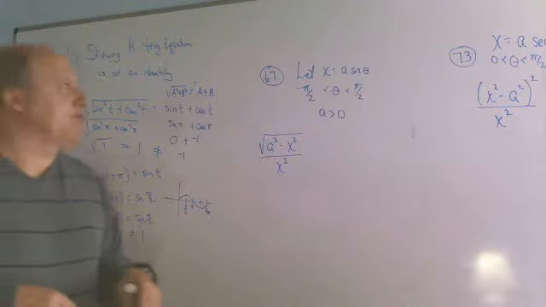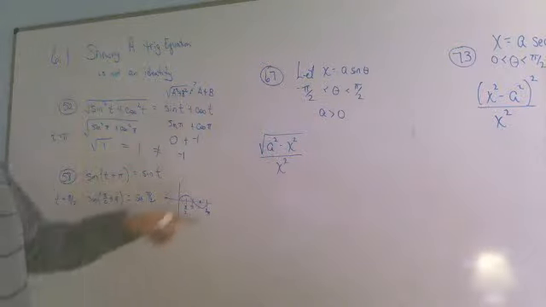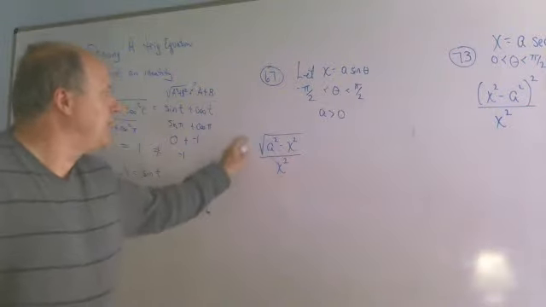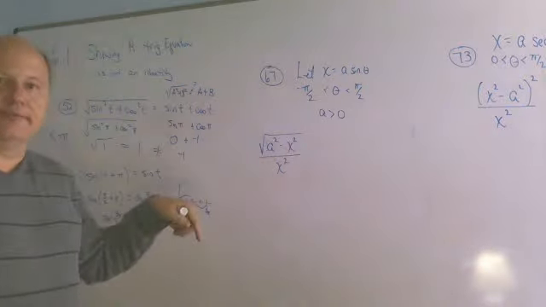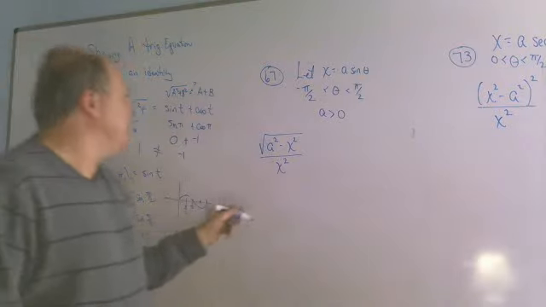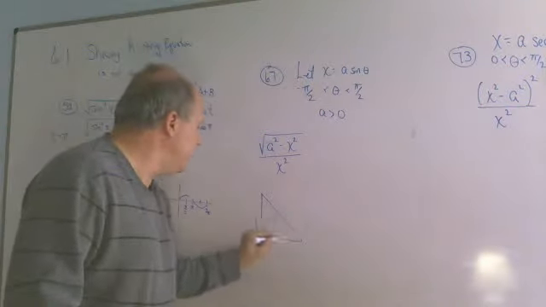All right. Now, the next set of problems are what we call trig substitution. These are algebraic expressions, and it has to do with the right triangle, this triangle right here.